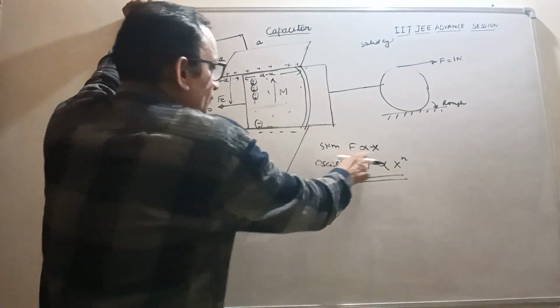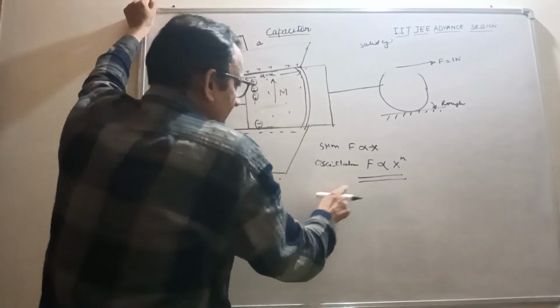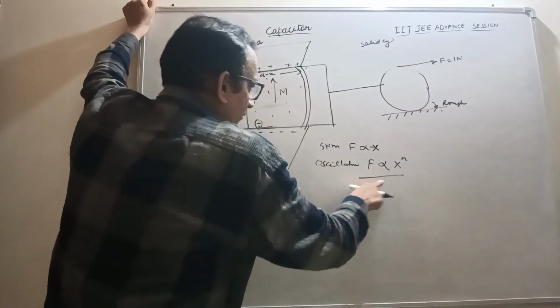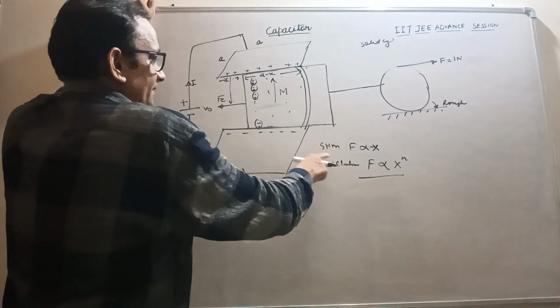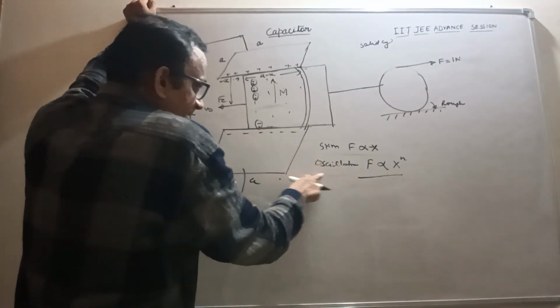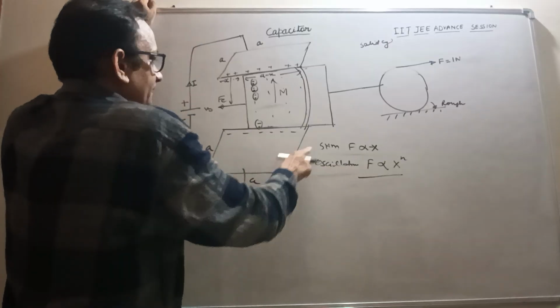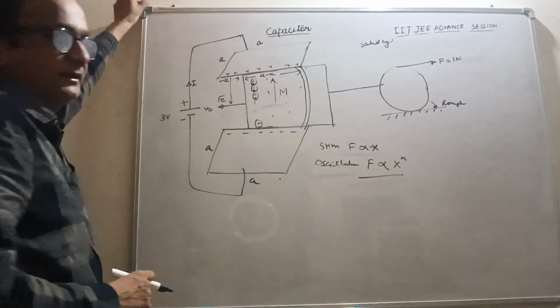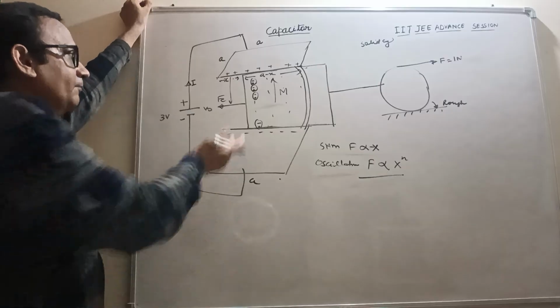SHM gives a sinusoidal or cosine path, but this oscillation is just an oscillation.